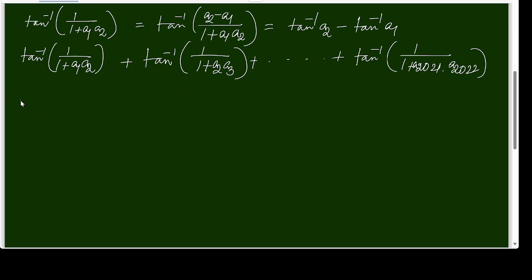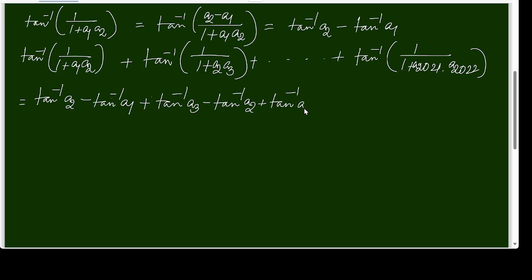So the first term equals tan inverse a2 minus tan inverse a1. The second term will follow this pattern: tan inverse a3 minus tan inverse a2, plus tan inverse a4 minus tan inverse a3, and so on.